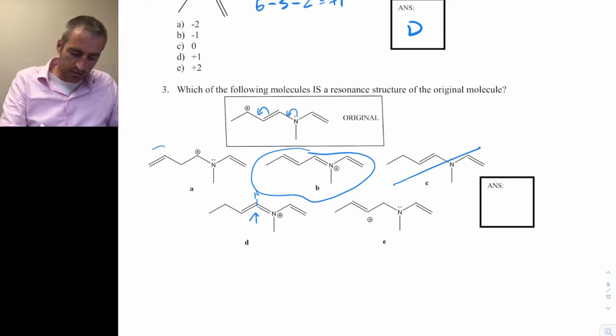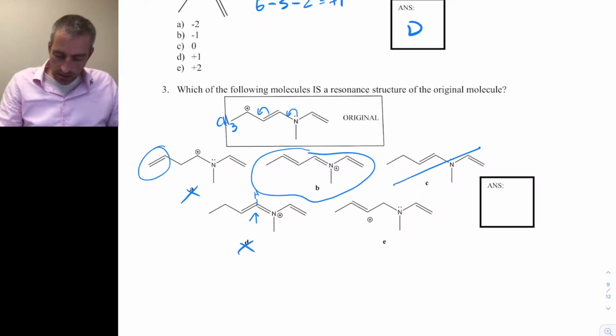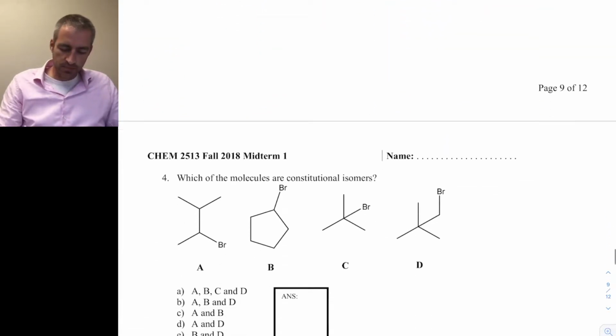You can't push electron pairs over here because that's a CH3, so A is out. E, no. No. If you wanted those electrons to go over, you'd have to have the charge on that carbon, not the carbon indicated. B is the correct answer.